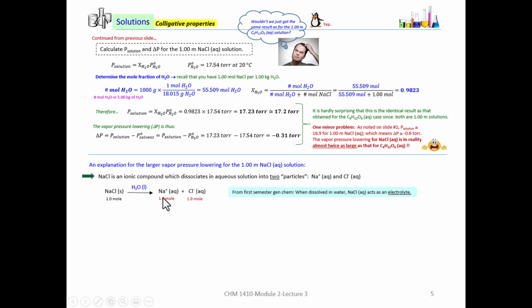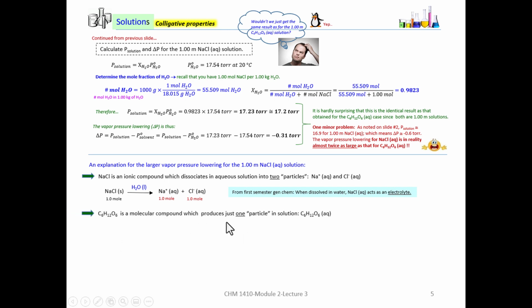And as you recall from General Chemistry 1, sodium chloride, when it dissolves in water, acts as an electrolyte. It breaks up into ions that can conduct electricity in the solution. So sodium chloride is an electrolyte, and for this particular ionic compound, you get 2 ions for every 1 formula unit that dissolves.